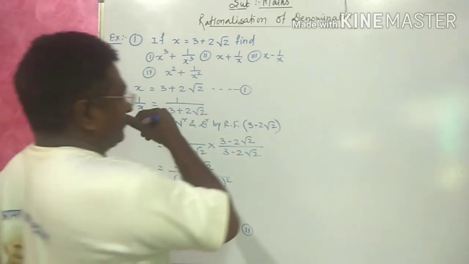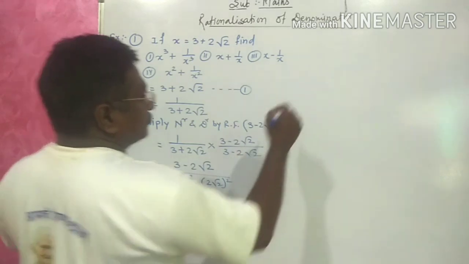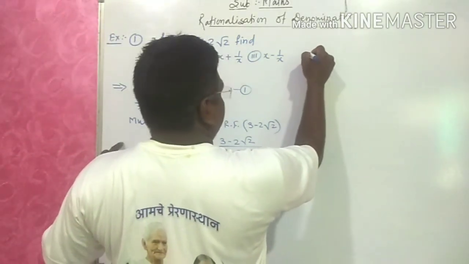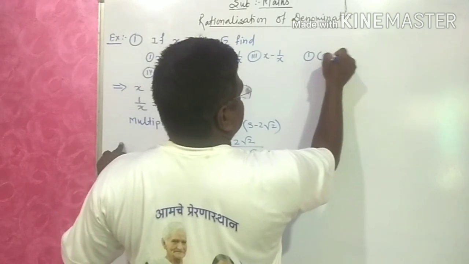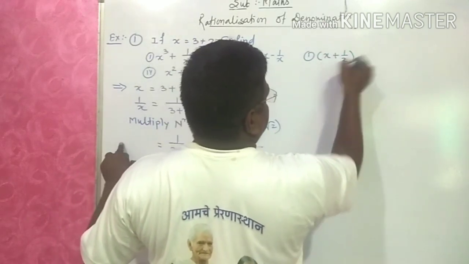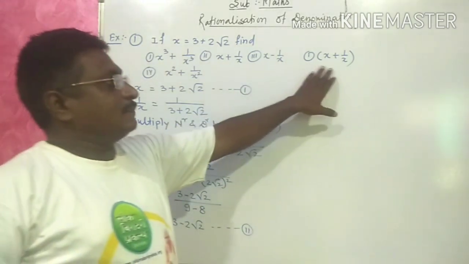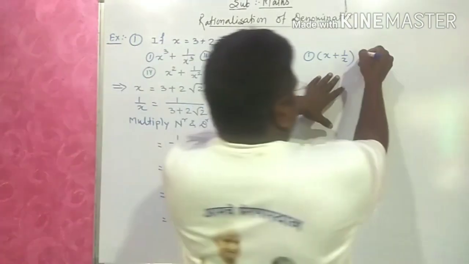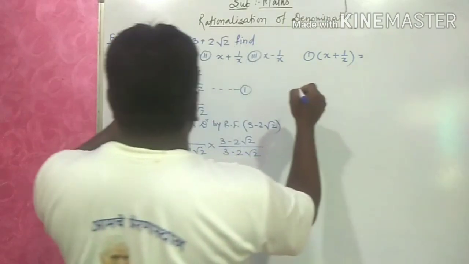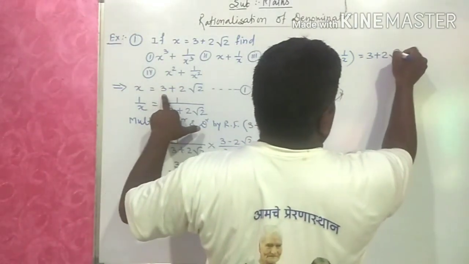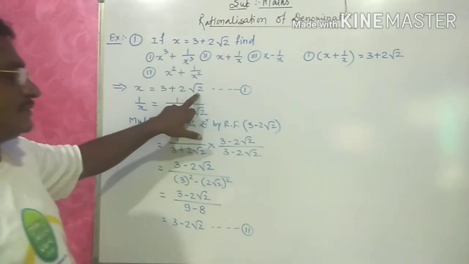Now, what has to be done? First, x plus 1 by x. This value has to be found. What is the value of x? 3 plus 2 root 2. This is the value of x.